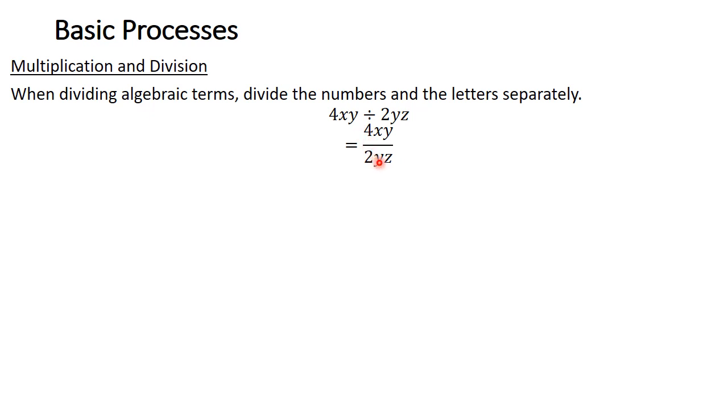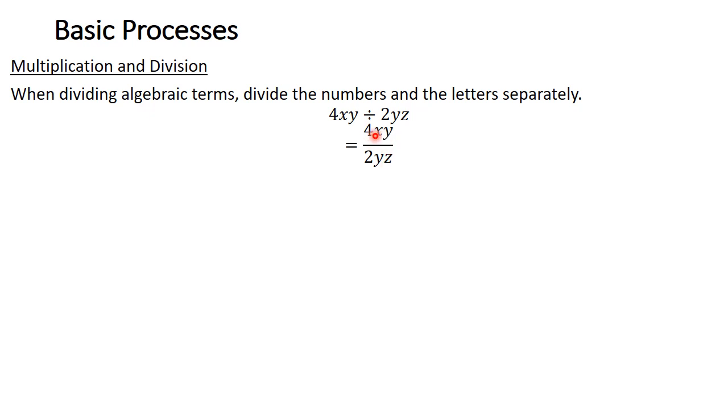Then I've gone to the letters and asked myself, do we have y on top? Yes, we have, so we can cancel. y here 1, y here 1, but we don't have z on top, so we leave it. It gets itself involved if there's something on top, not a like term, but just present on top in any form.